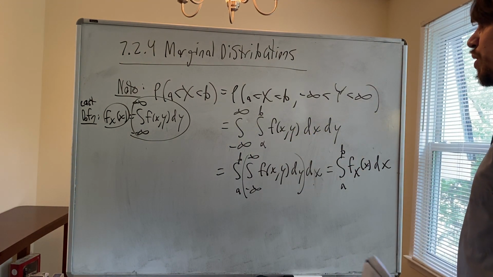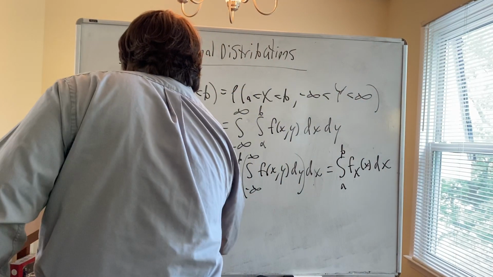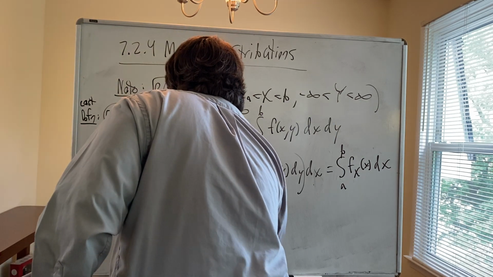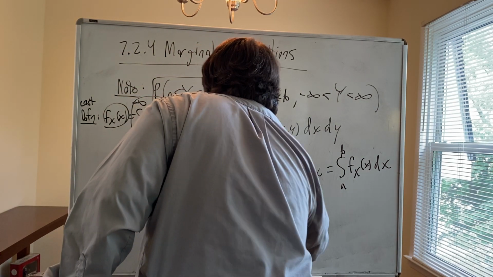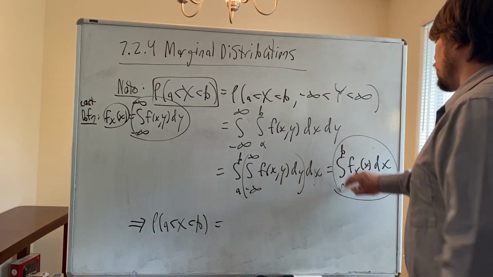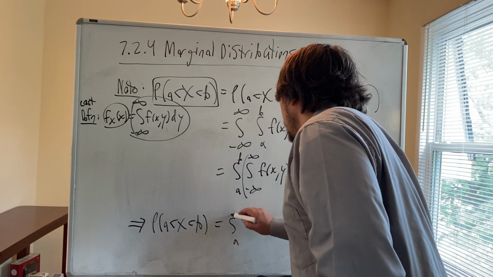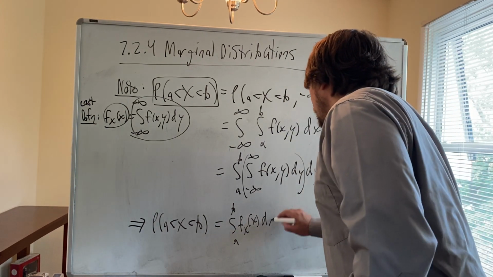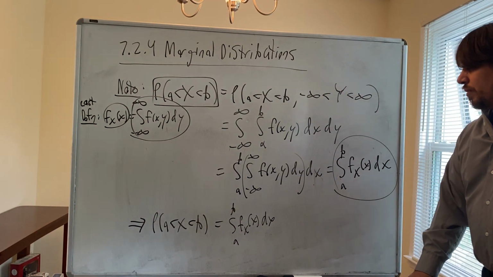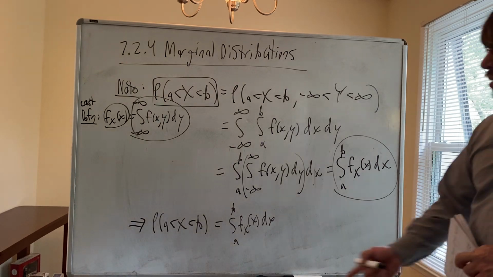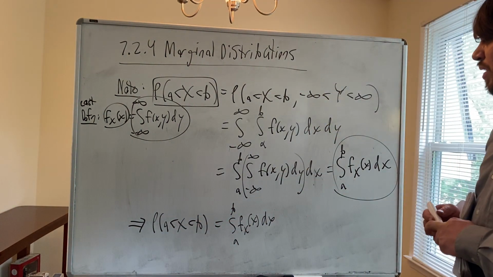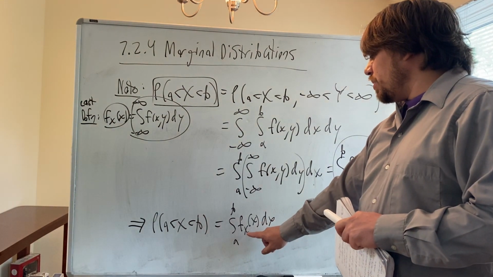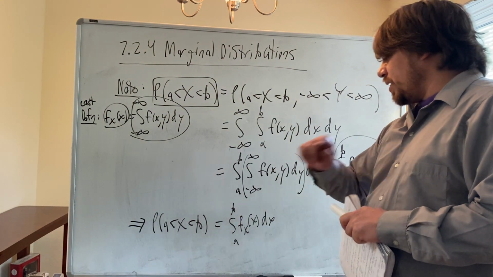Okay, and so what we just showed, therefore, what we concluded is that the thing that we started with, the probability that A is less than X less than B, is equal to this definite integral, the definite integral from A to B of the marginal probability density function of X. Okay, so to find the probability that A is less than X less than B, you just integrate with respect to X from A to B the marginal probability density function of X.